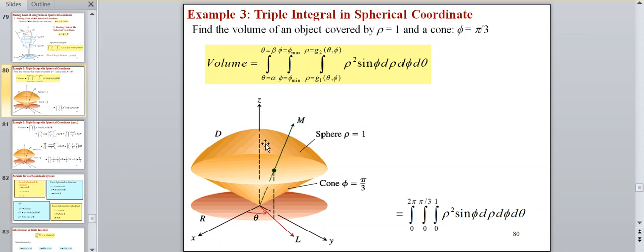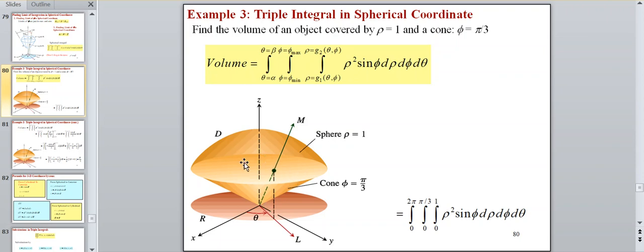Now, to cover this region D, what is the rotation for phi? If we have any point here and a line segment between this point and the origin, phi is the angle between this line segment and the positive direction of the z-axis. To cover the region D, phi is from 0 to what is going to stop this rotation?